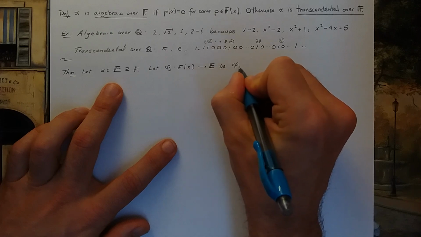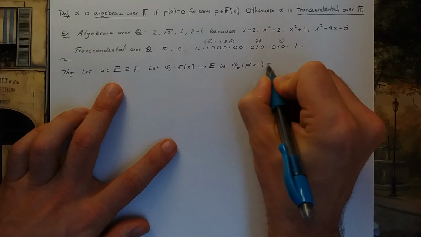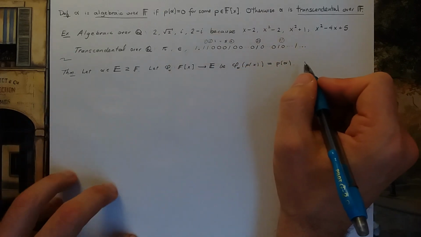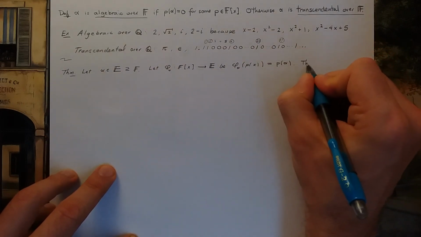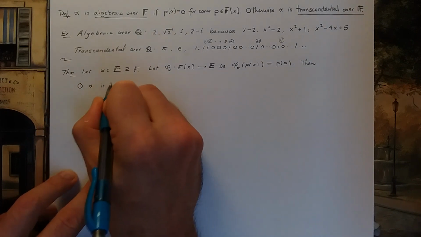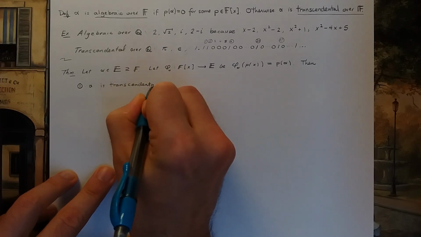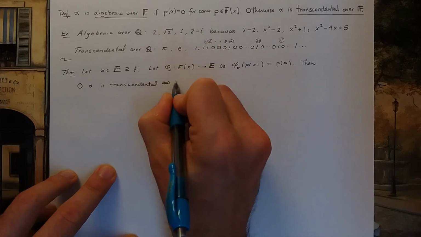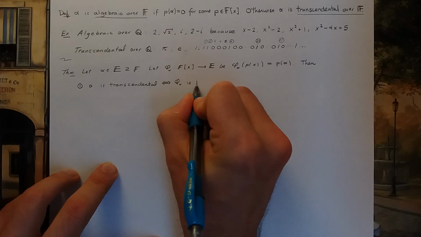I'm going to define the evaluation homomorphism so that any polynomial p is sent to p of alpha. So we've seen this example before. It's a ring homomorphism. Then I'm going to say two facts about this. Number one, alpha is transcendental if and only if this evaluation homomorphism is one-to-one.